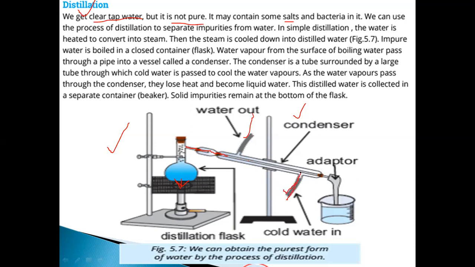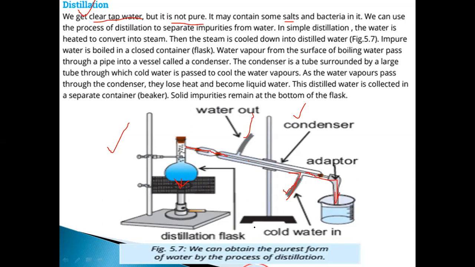From here the water enters and moves around this tube and slows down the temperature. The water vapors are present here, and because water vapor is gas, it has high temperature. So when the water rotates around it, the temperature decreases and the gas water vapors change into liquid form. So now we can have pure water from here.